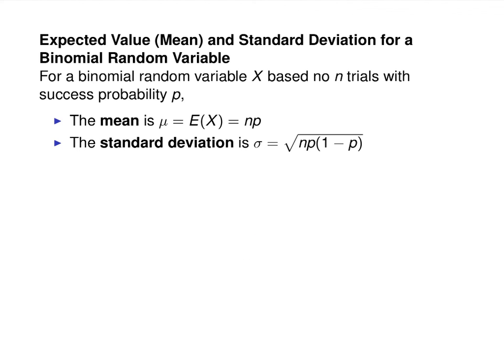Now finally, we're going to find the expected value, mean, and standard deviation for a binomial random variable. So the mean, mu, is just given by np, so number of trials times probability of success.